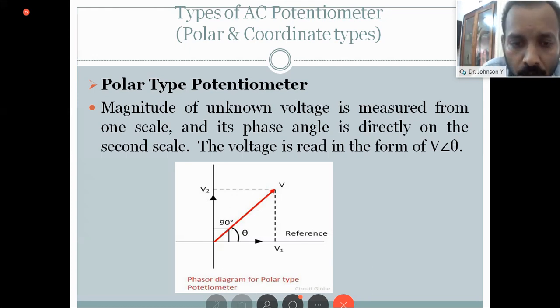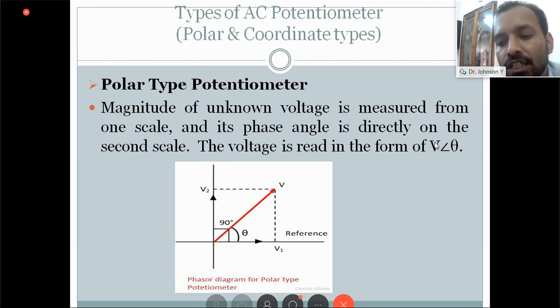In the polar type potentiometer, the magnitude is measured from one scale, and the phase angle is measured directly from a second scale. So two scales are available. From one scale we get the magnitude, and from the other scale we get the phase angle. So we write the voltage in the form V angle theta.